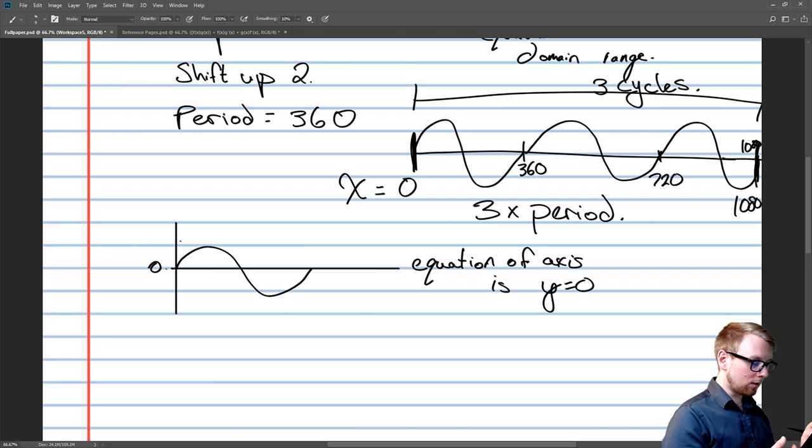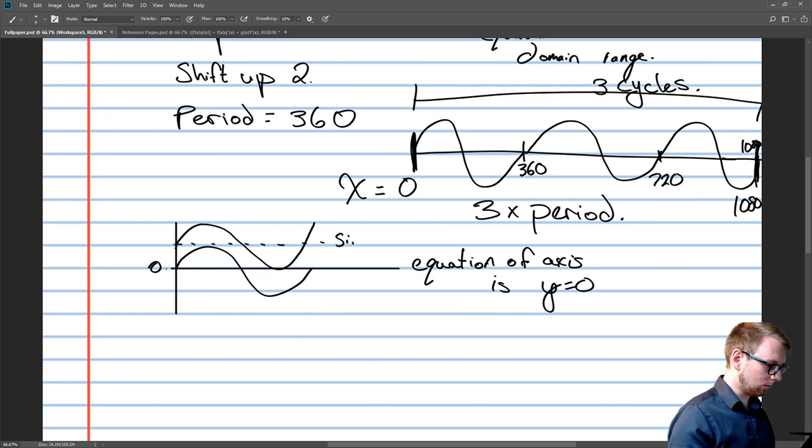If we shift it up, just say 1, so that it goes from here to here. Oops, bad drawing. Then here's our center line that's new. This is sine x plus 1. Right?